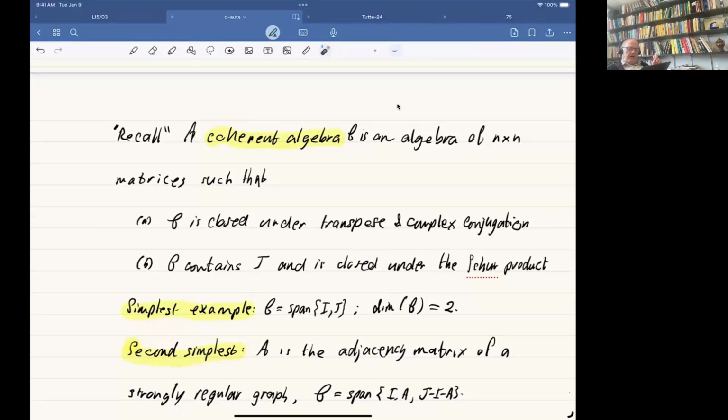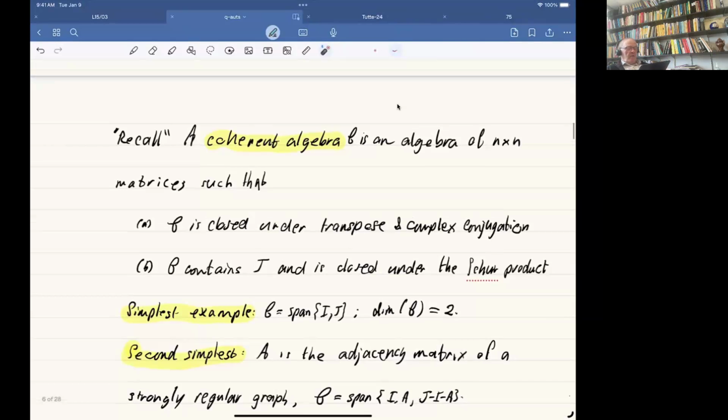So J is the identity with respect to the Schur product. Now, by my definition, every algebra contains the identity, and every homomorphism between algebras maps identity to identity. I just make it explicit. So I know the identity is in there because that follows from how I define the algebra. But it's closed under the Schur product, and that's a crucial property.